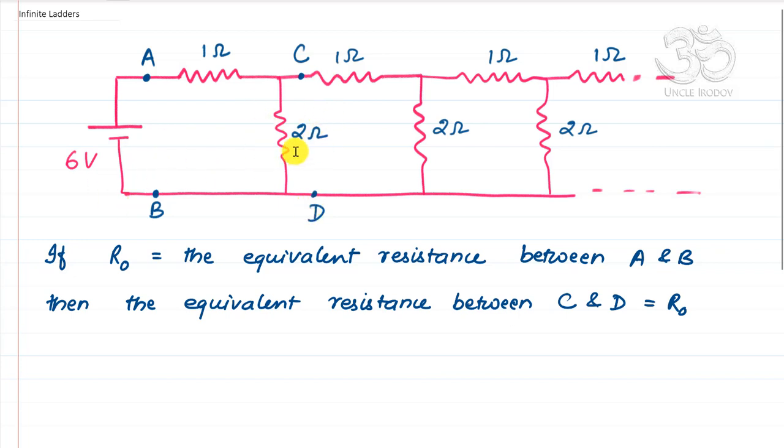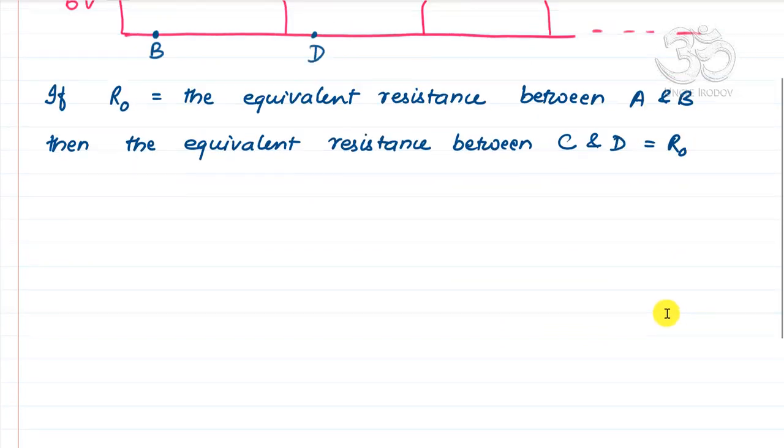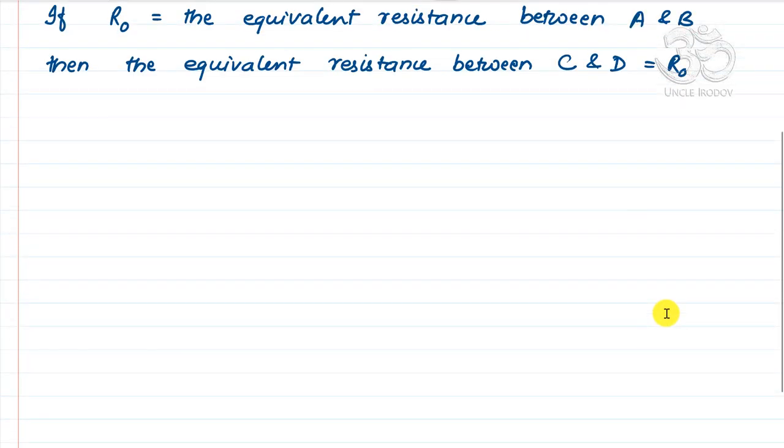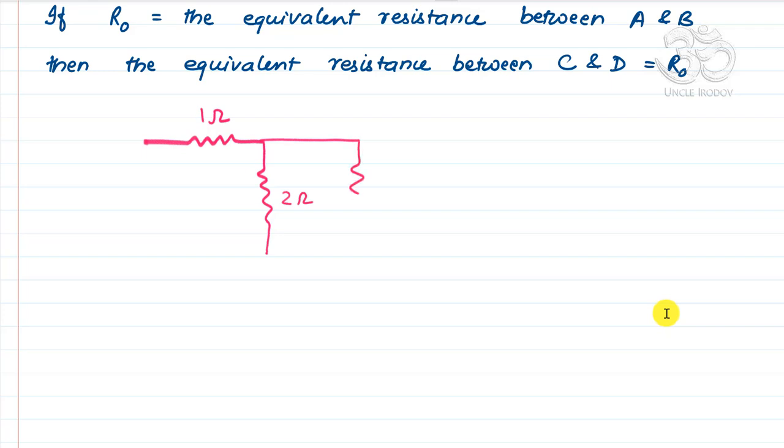And how this circuit can then be simplified is, I will keep the first one, I will keep the second one, but in place of the remaining all resistors, I will keep just one R naught. And so the circuit will then look like 1 ohm, and you've got a 2 ohm here, and you've got a R naught here. And now you will be able to see that this R naught and this 2 ohm must be in parallel.